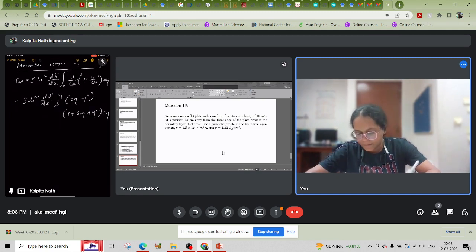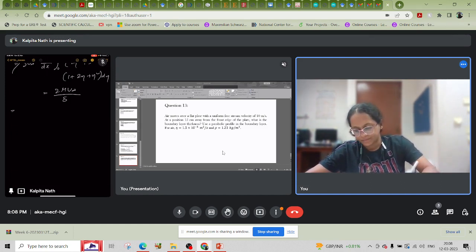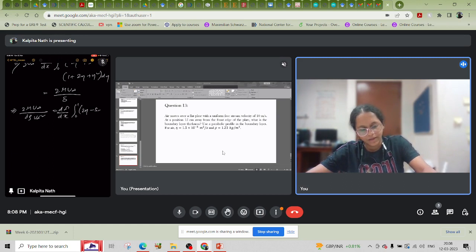But we already know tau w is equal to 2 mu u infinity by delta. So 2 mu u infinity by delta is equal to rho u infinity square d delta by dx integral 0 to 1 of 2 eta minus 5 eta square plus 4 eta cube minus eta to the power 4 d eta.